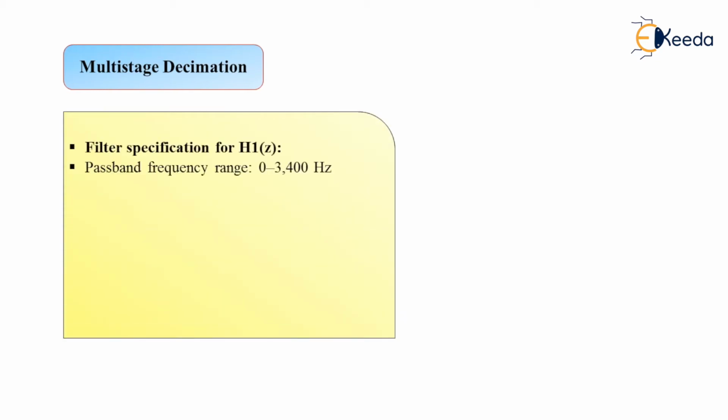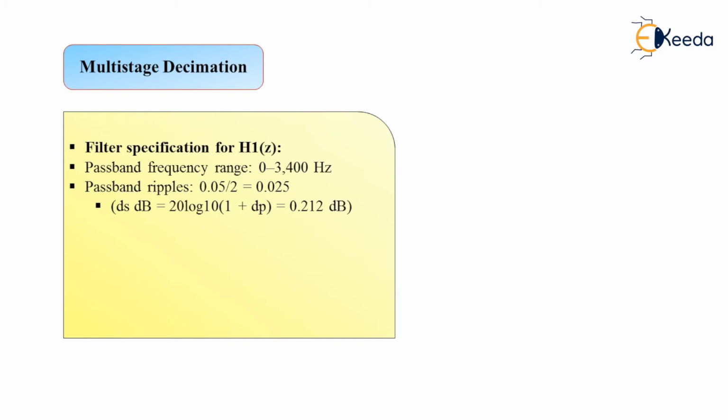So here we have the passband frequency range 0 to 3400 hertz. Then the passband ripple, here we compute 0.05 divided by 2, so that value becomes 0.025.